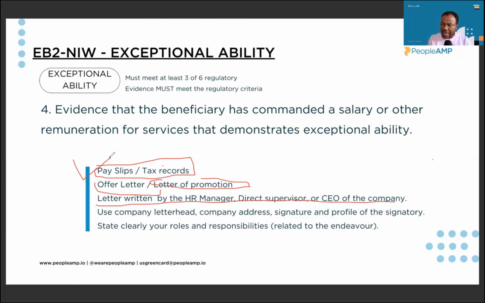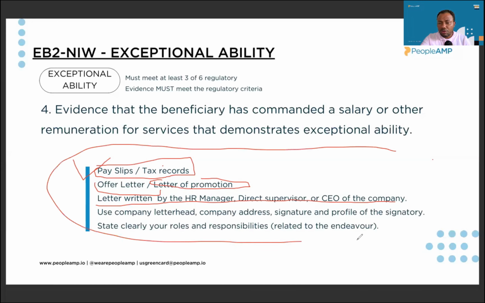Again, let it be on company letterhead, with company address, signature, and profile of whoever signed that letter for you. If you can, let them also state the jobs that you were doing during those periods, and you can just add that to your evidences. Now, if you can get all this together, you have sufficiently proven that you have commanded salary for the work you've done.